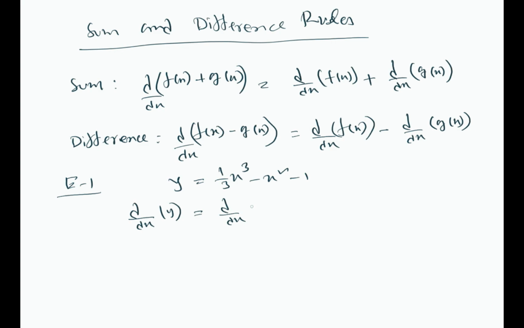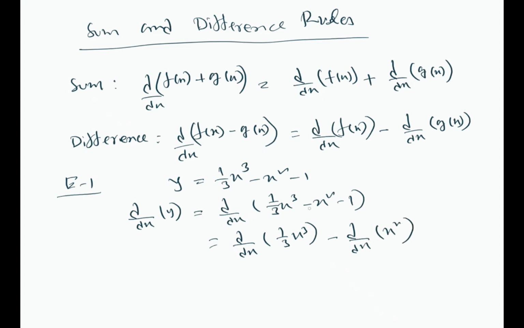So what is y? y is equal to 1/3 x cubed minus x squared minus 1. So we can write them separately: d/dx of 1/3 x cubed minus d/dx of x squared, because we have a negative sign here, that's why I'm writing a negative sign here, minus d/dx of 1.